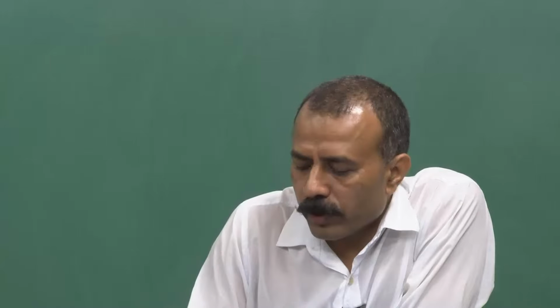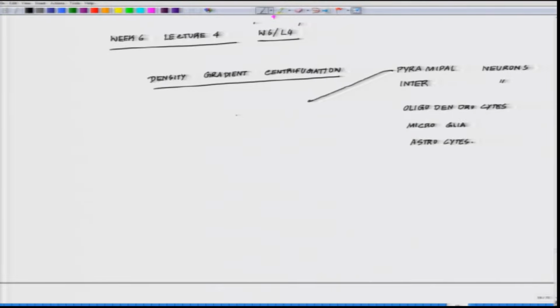Say for example, the pyramidal neurons, after dissociation, will have lost all their processes if it is an adult, right, we are talking about the adult. So, it will be something like this. An interneuron, on the contrary, will be slightly smaller, whereas the oligos will be far smaller.